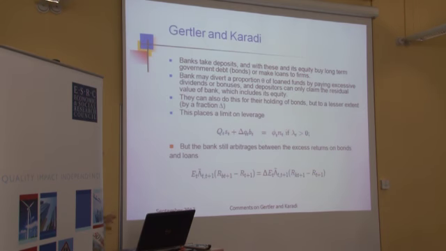So let me do that first and then raise some questions that occurred to me as I went through the results. The key thing, as Mark explained, is banks take deposits in this model and they buy either long-term government debt or they make loans to companies. But they do both, that's crucial.